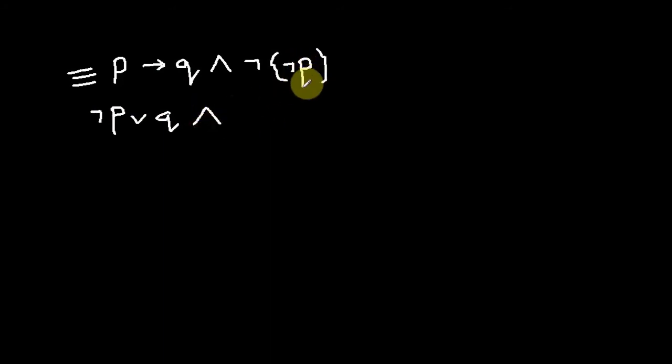Now according to our operator precedence, I must solve the NOT operator first. This one is only taking one variable, so I cannot change it or do anything to that, so let's leave it like that. And then the outer NOT operator we have to solve, and we know NOT of NOT P is P due to the double negation rule.